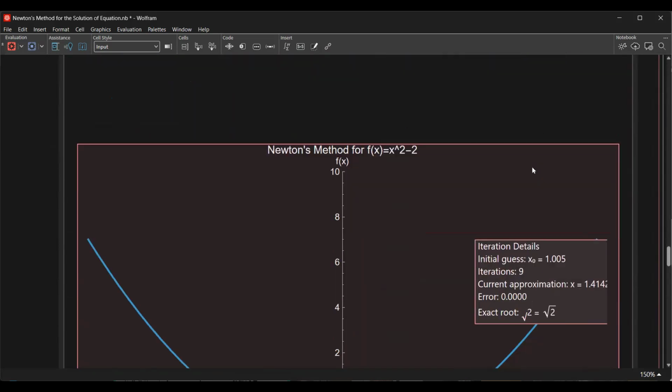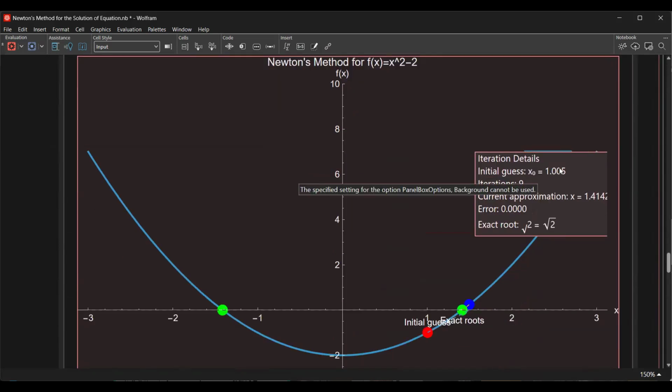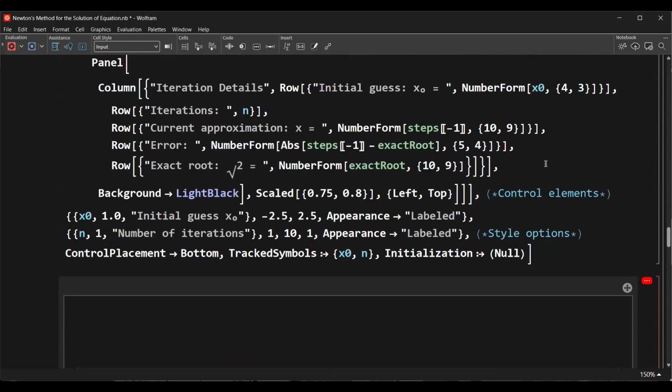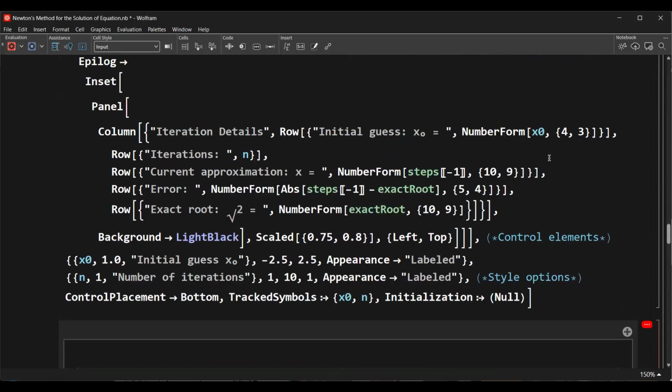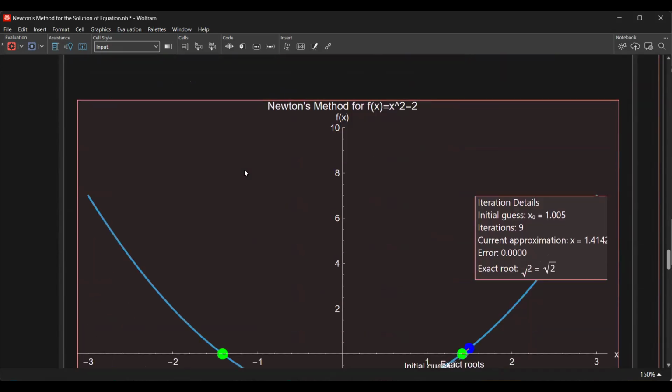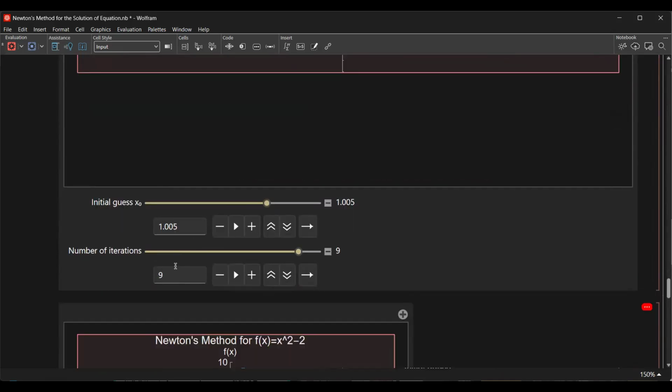So that's why we have 4 significant digits or 4 significant figures. We have 3 decimal places, but we have 4 digits here. So that is what the number form means. Then iteration here refers to the number of iterations, which is equal to 9.